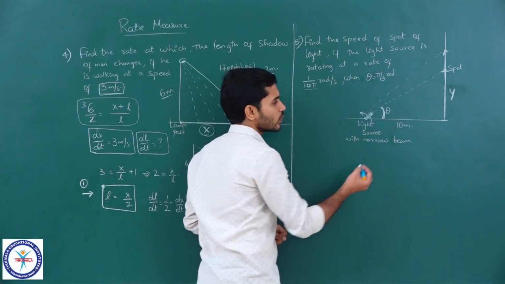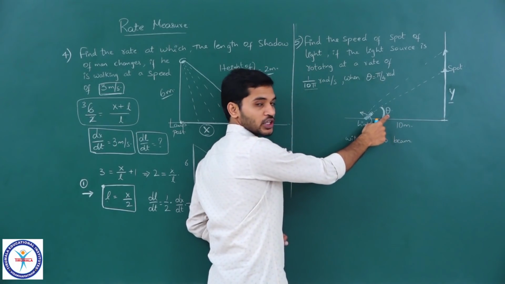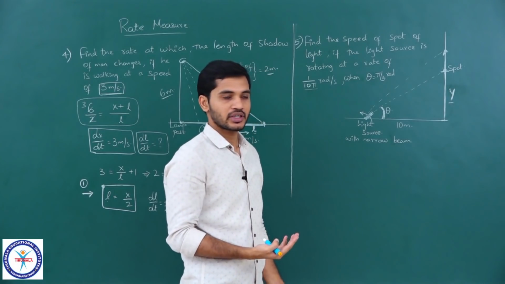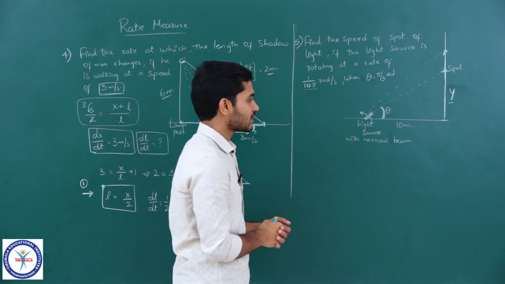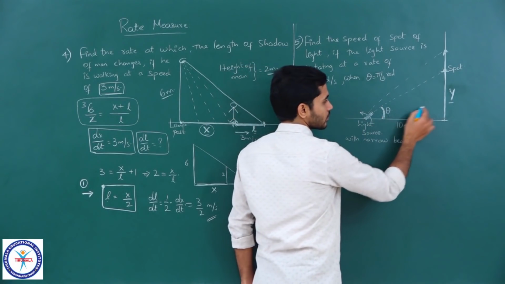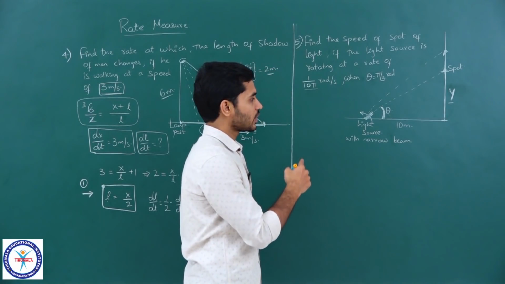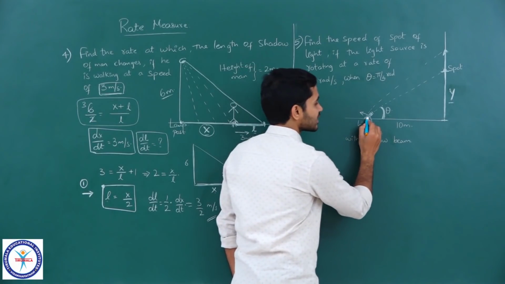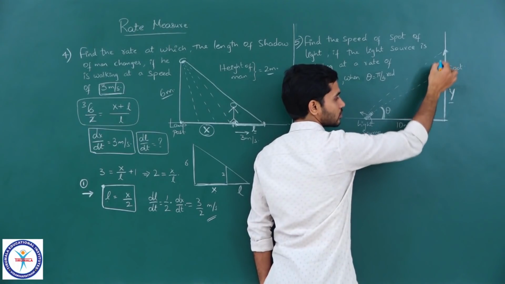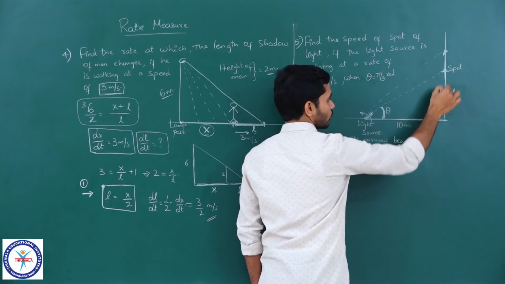Okay. So, now I have two variables, y and theta. I know the rate of change of theta, I need to find the rate of change of y, right. So, first step is establishing a relation between theta and y. What is the relation between theta and y? They have already given us that this length is 10 meters from the light to the screen. So, this is 10, theta, y.